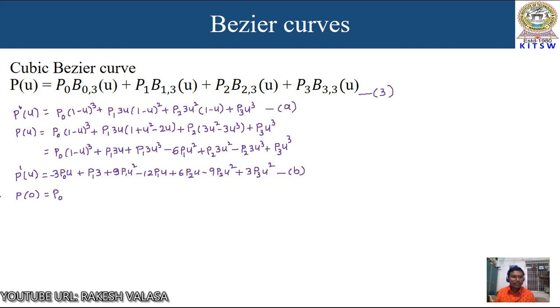The end point is 1, so substitute u equal to 1 in the same equation. 1 minus 1 is 0, 1 minus 1 is 0, 1 minus 1 is 0, p3, the last term is p3.